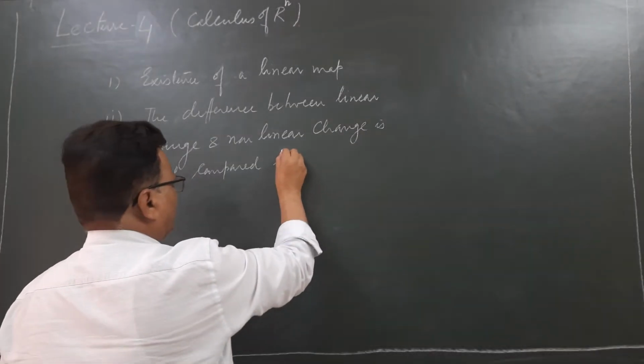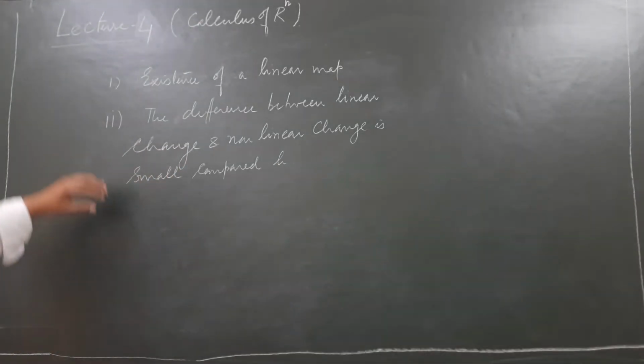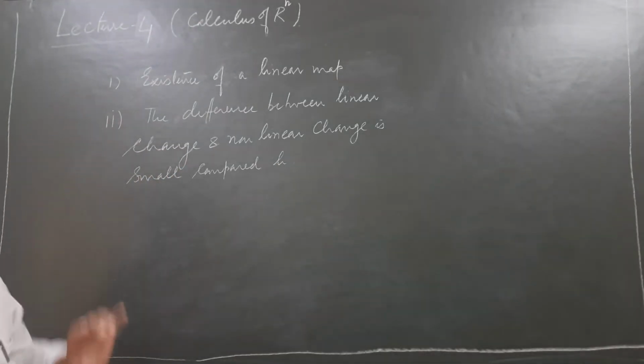We were calling it h. So, these were the two characteristic features of a differentiable map.